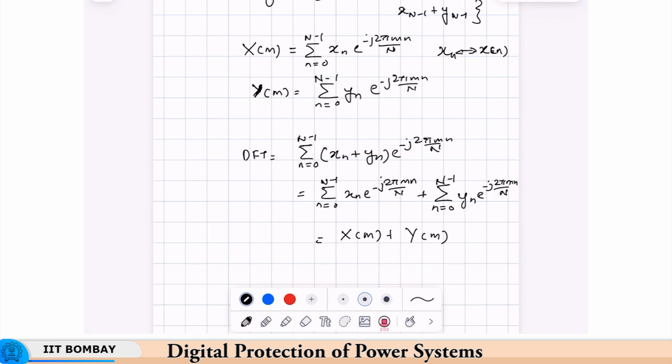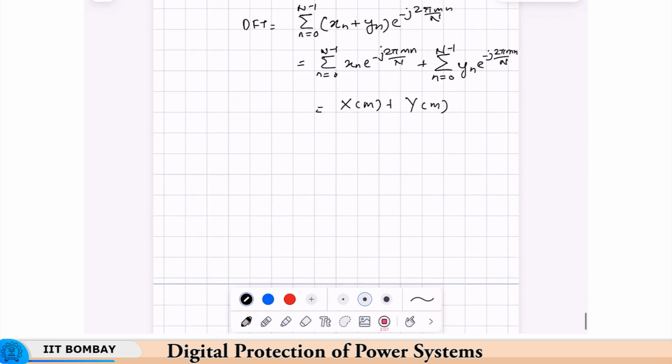So, this is what we wanted to prove. Okay. The second property is periodicity.